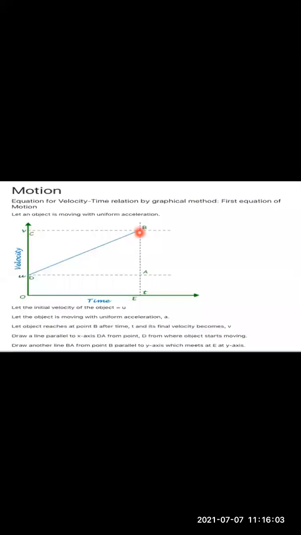We draw another line which is parallel to the y-axis. We call that line BE, intersecting the x-axis at point E. We again draw a line parallel to the x-axis, that is DA, and we now move on to the next slide.